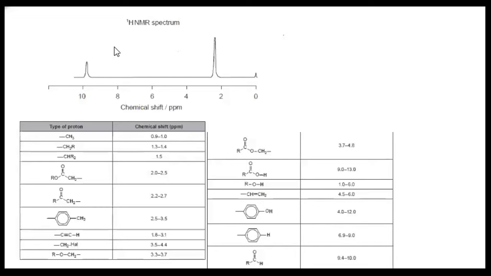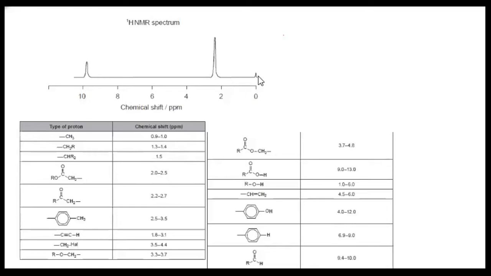For hydrogen atoms in different environments, we will get one peak each. Hydrogen atoms in CH3 will give rise to one peak, the hydrogen atoms in CH2 will give rise to another peak, a hydrogen atom in an OH group will give another peak, and a hydrogen atom in a CHO group will give yet another peak. Those values have been shown here as chemical shift values.